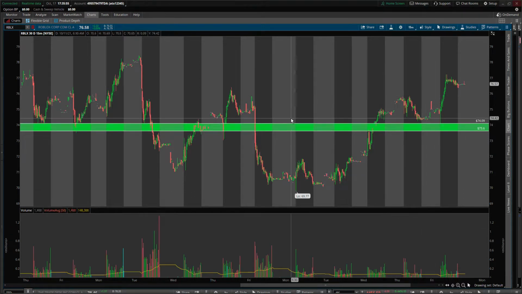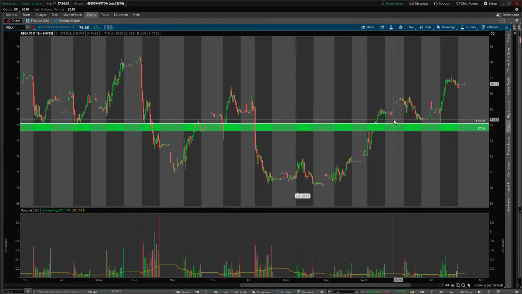Now, if I had this zone before this day, for example, I am not saying that I'm not going to short under a demand zone just because it's a demand zone, nor am I saying that I won't buy calls if we get above a supply zone where normally selling will occur.